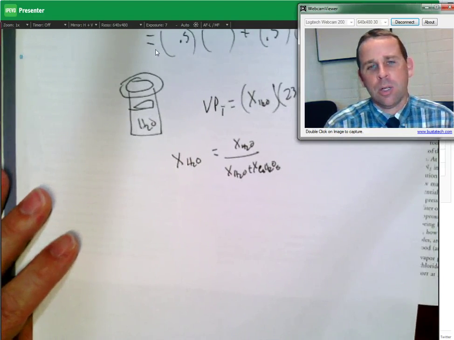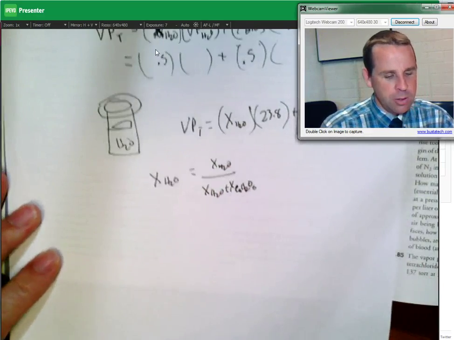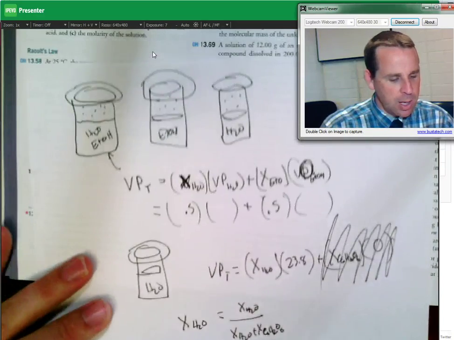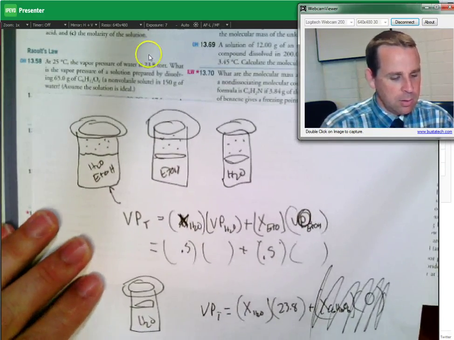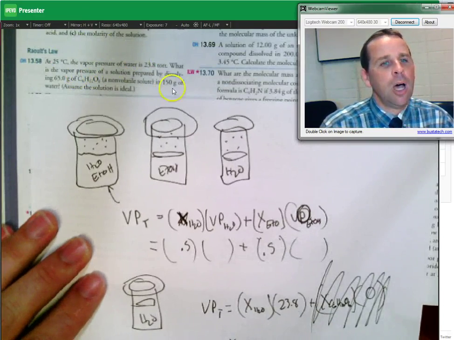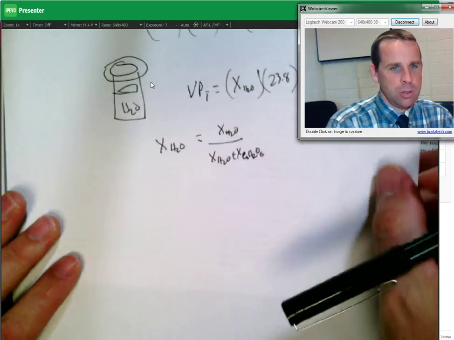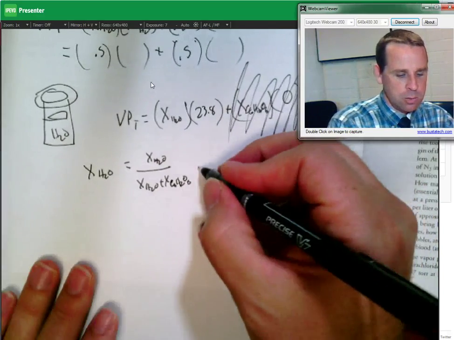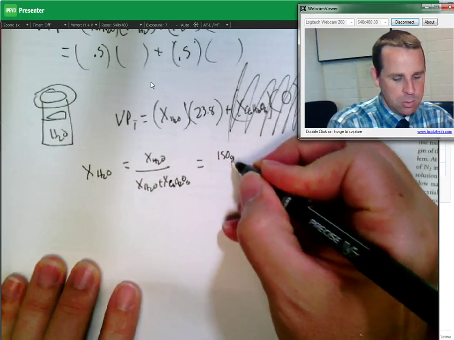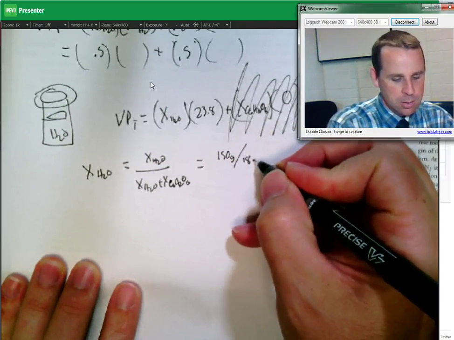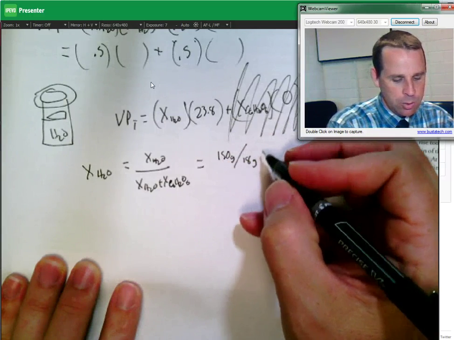So how many moles of water do we have? We had 150 grams of water, divided by 18 grams for every mole.